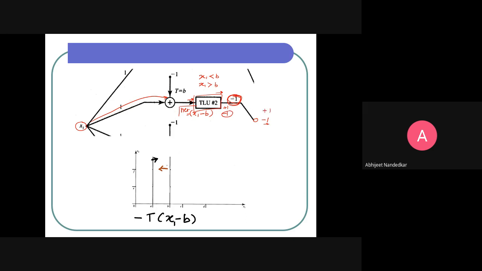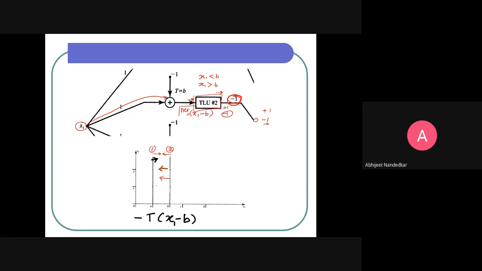So in fact what is implemented here is this particular line, and what this second neuron is saying is: go this side. First neuron, go this side. Second neuron, go this side.